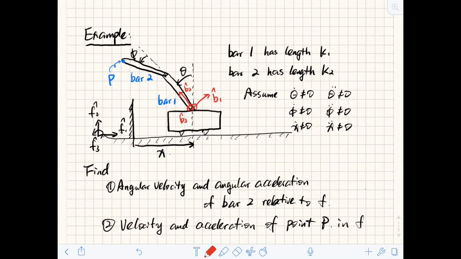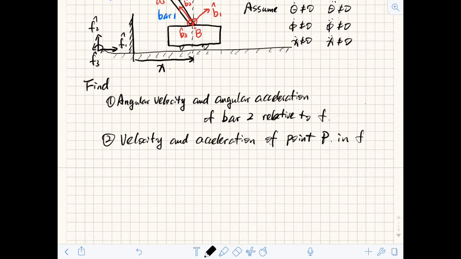The B frame is fixed to the pivot and the cart, and let's call that point B. And we have another reference frame that is fixed to the second bar and rotating with the second bar. Let's call that A1, A2, and A3. And we'll define the center of the A reference frame as point A.